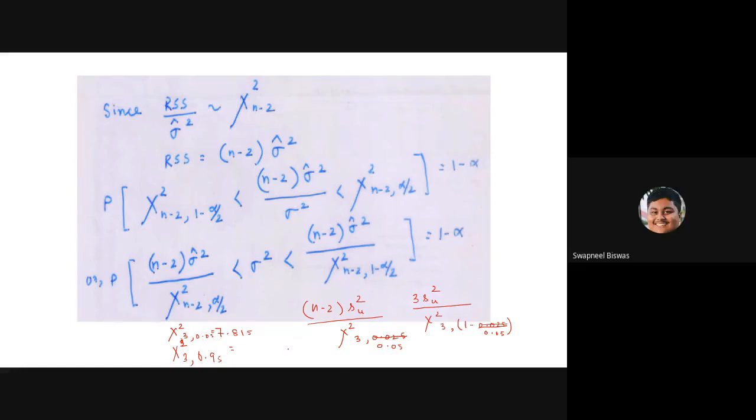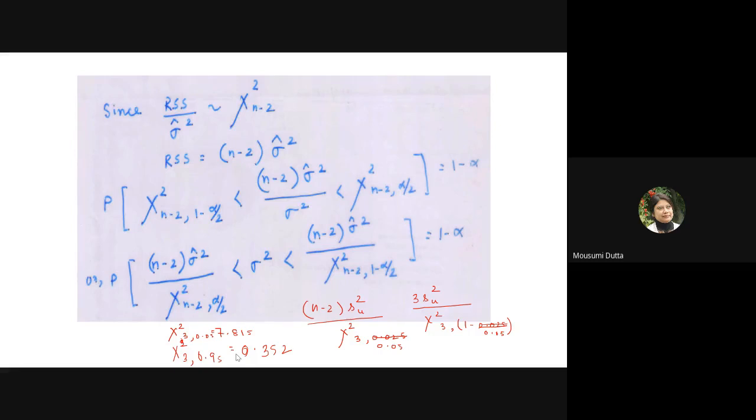Ma'am, I don't have the book with me. The table. I didn't get you. What is the value for chi-square 3, 0.95? Ma'am, 0.352.